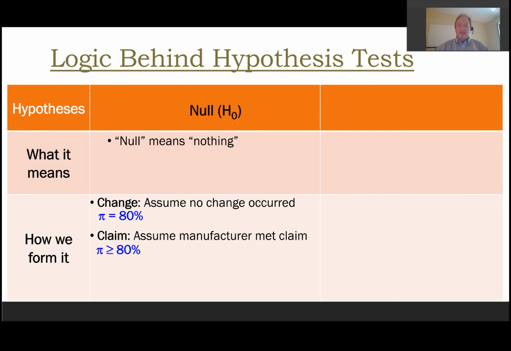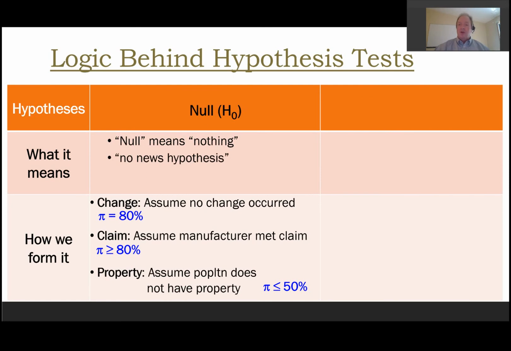If we're testing to see if a property exists in a population, the assumption under the null hypothesis is that the population does not have that property. So in the rat empathy example, we would be assuming that the majority of rats are not empathetic. In other words, pi is less than or equal to 50% in that problem.